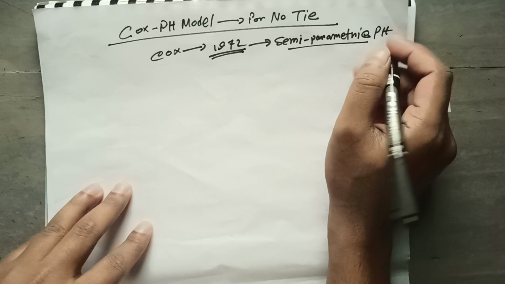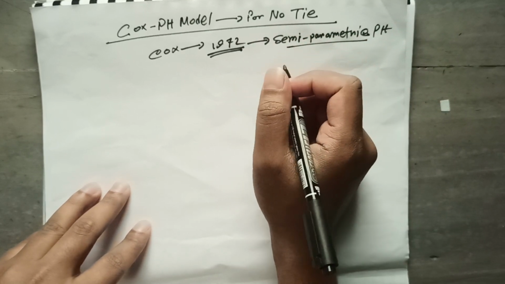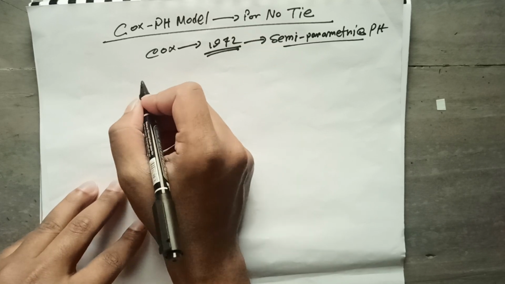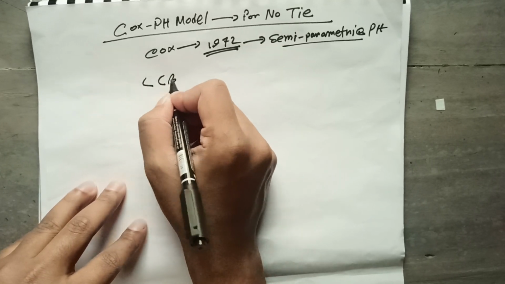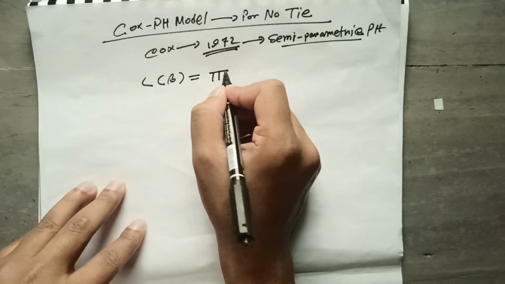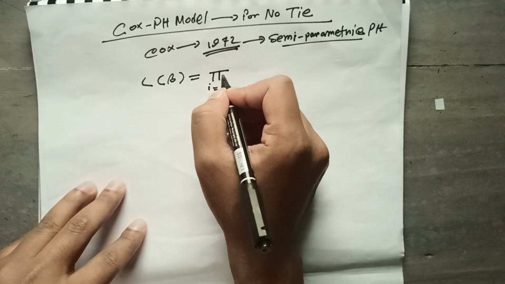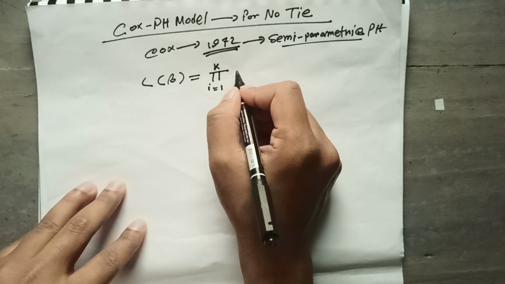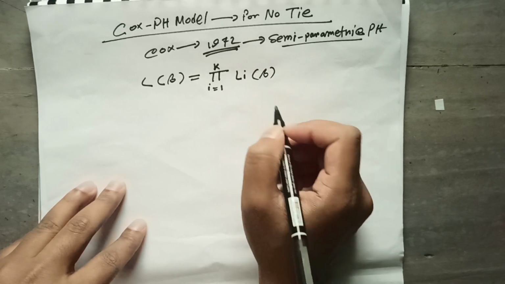So how does the likelihood that Cox proposed look? It looks like L of beta is equal to the product of i from 1 up to k of Li of beta.